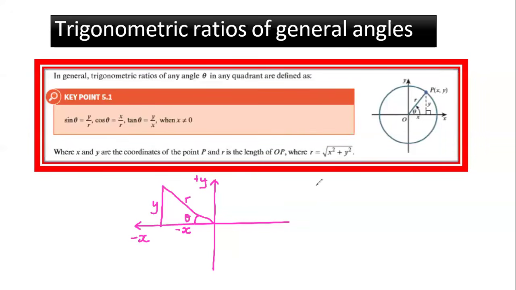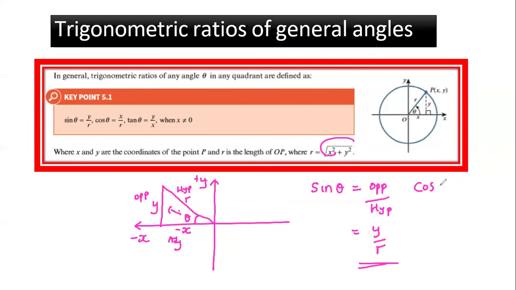In case I come in this quadrant and want to get sine of theta, what is sine given by? Remember, this is opposite, hypotenuse, and this is adjacent. So sine is opposite out of the hypotenuse, so sine is y out of r. Here you get a positive answer because r is positive.